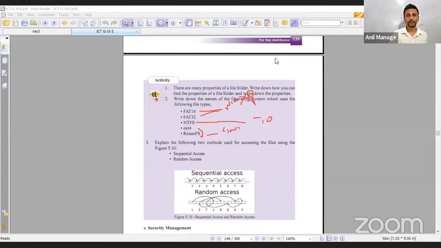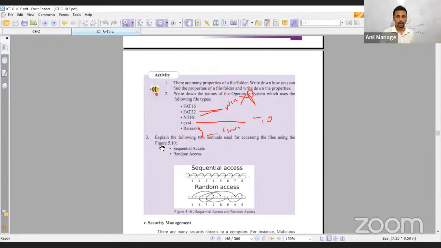Then you have two different file access methods. One is sequential, the other is random. Accessing one after another, for example with a tape recorder, your songs are recorded one after another.